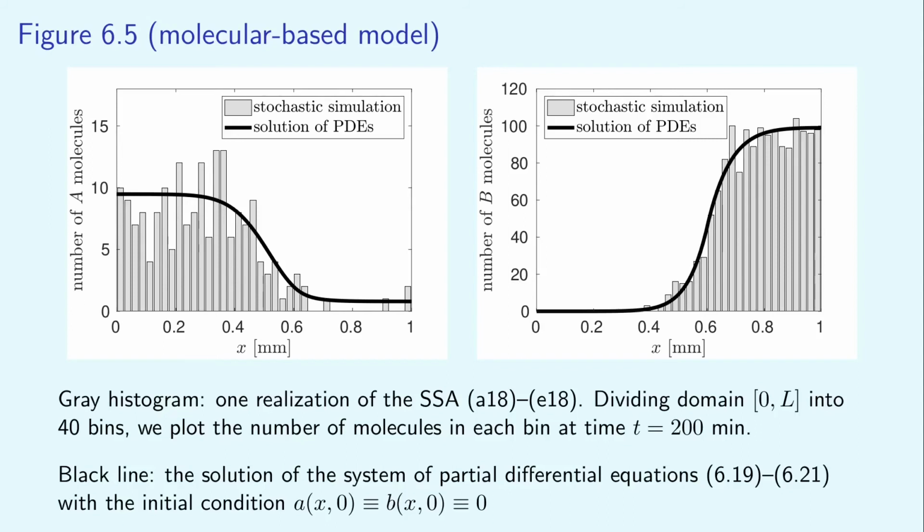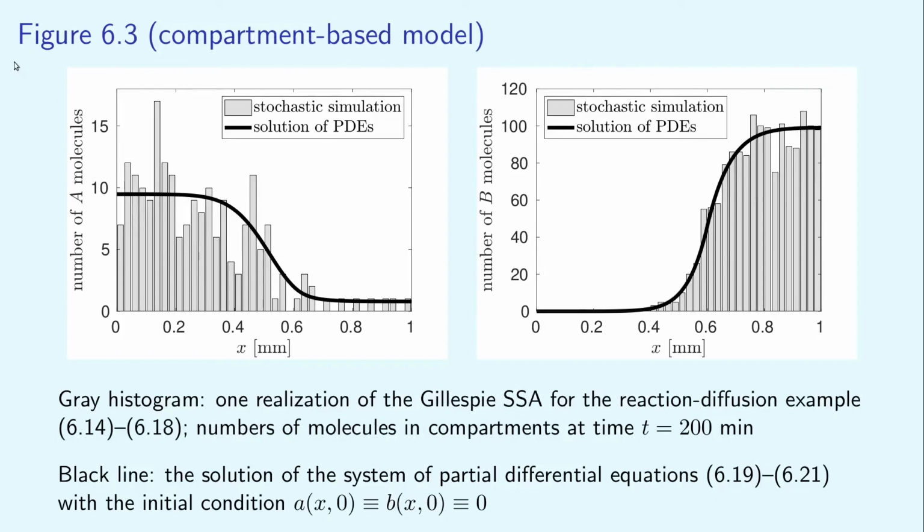To visualize the results of our molecule-based model, we divide domain 0L into 40 bins and we plot the number of molecules in each bin at time t equal to 200 minutes. This visualization enables a direct comparison with the results of the compartment-based approach, which we presented in figure 6.3, where one realization of the Gillespie stochastic simulation algorithm applied to the compartment-based model of the same reaction-diffusion system is presented.